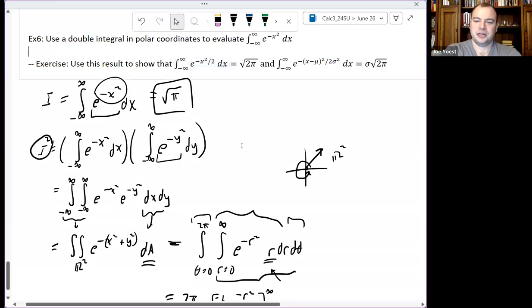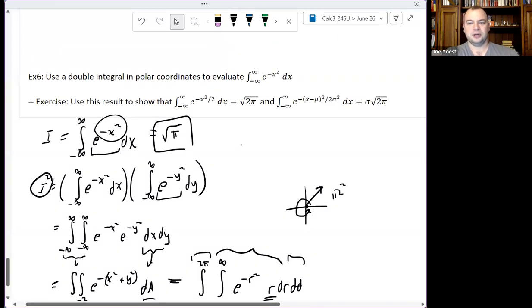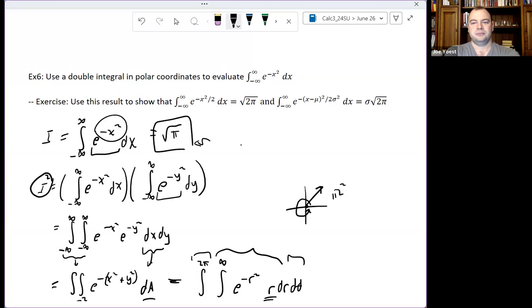Okay, any questions on this one? So this is a very important integral. It's kind of the basis for a lot of work in normal distributions and so on. And it's important to know because in, say, a normal distribution like this, we want to set the distribution up so that fundamentally it has a total area under it of 1 and not some arbitrary number.